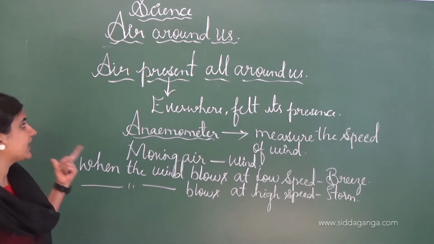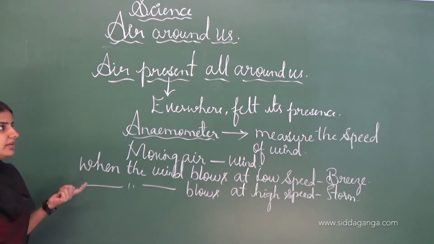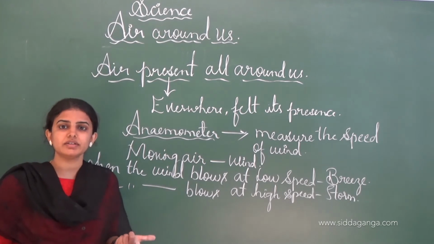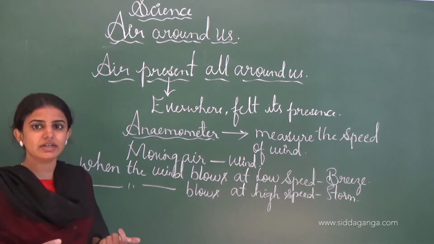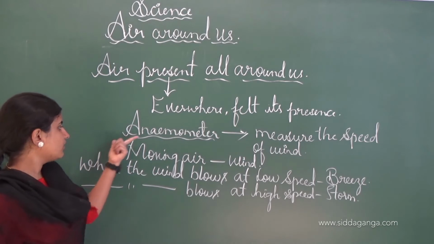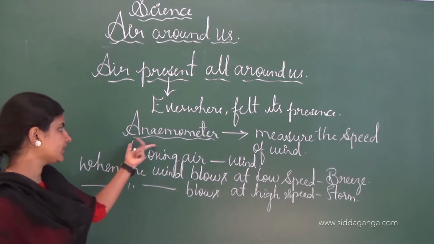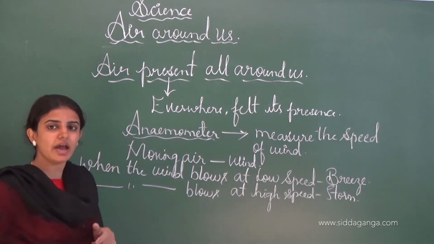And see, air is present all around us, and we feel the presence of air only through our sensory organ like skin. And one more device which is helpful to measure the speed of the wind is the anemometer.